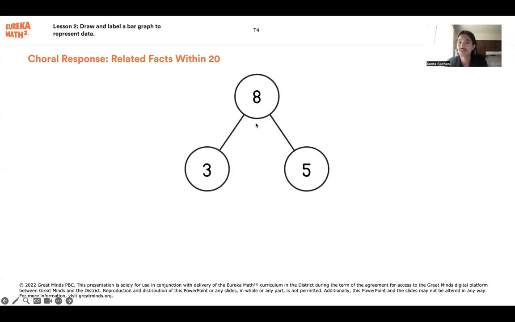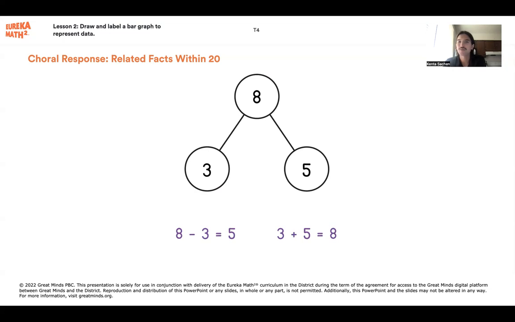Here's our next one. 8, 3, and 5. What's a subtraction I can do? Shout them out. Maybe some of you said 8 minus 3 equals 5. Now tell your partner really quickly, what's that related addition equation? 3 plus 5 is equal to 8.